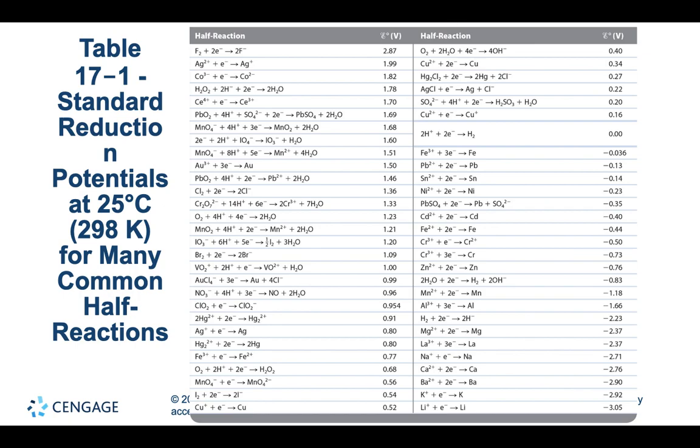And then the copper plus 2 electrons yields copper. We're going to run that in reverse. The copper is going to convert to copper plus 2 and lose 2 electrons and be the oxidation step, so that will be our anode. So our cathode is going to be the silver side. The anode will be the copper side.